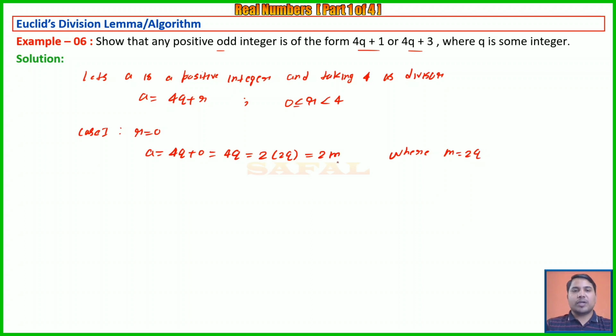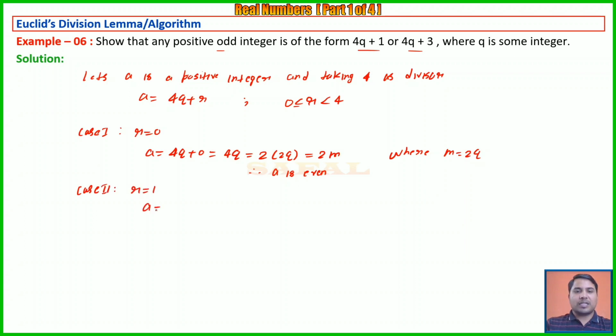Now just now in the previous example we saw that 2 times any number is even. So this is the case where a is even. So when r is 0, a is even. Let's take up the second case, when r is 1.